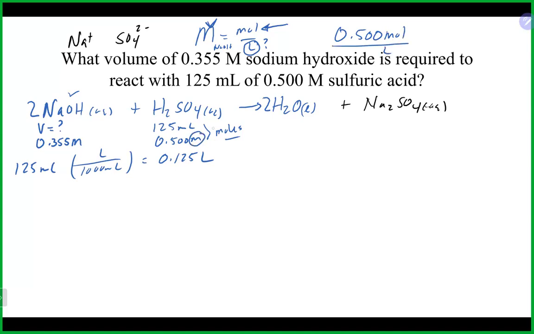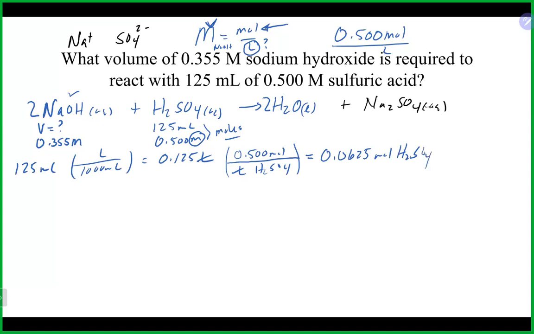That way we can see both units, and by doing that, we could clearly see we're just going to multiply here by the molarity of the sulfuric acid. The liters here will cancel, and that will get me 0.125 times 0.5, which is 0.0625 moles of sulfuric acid.